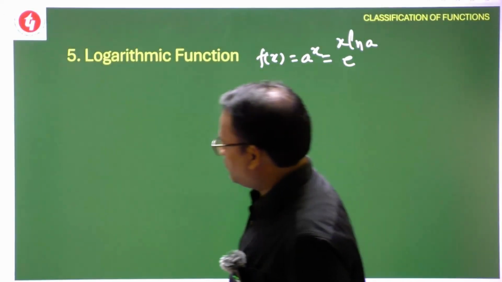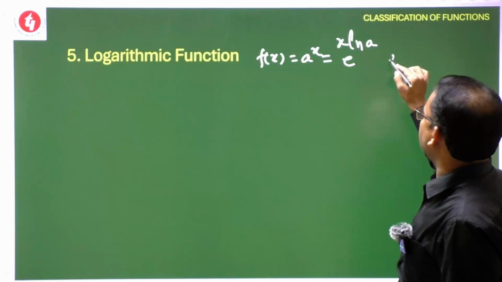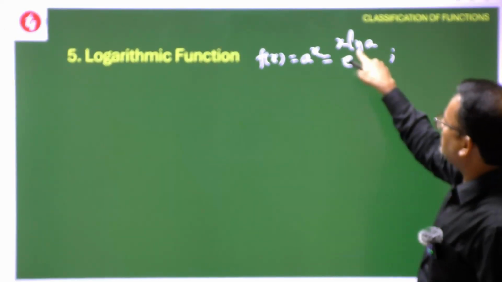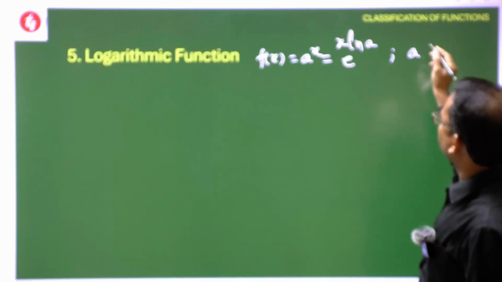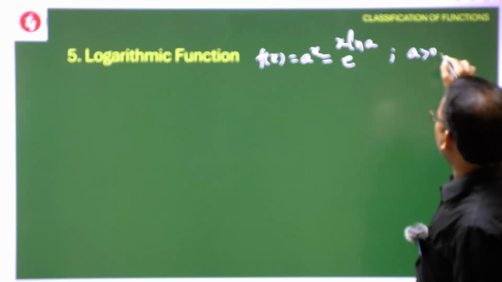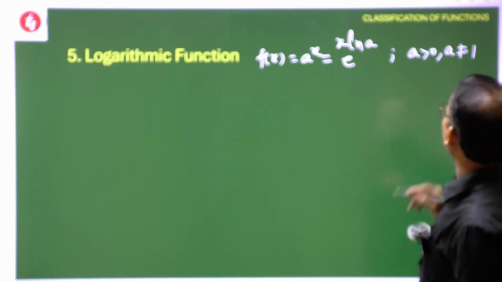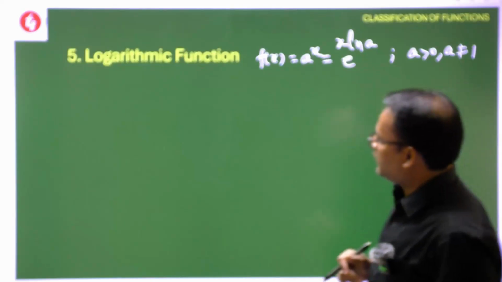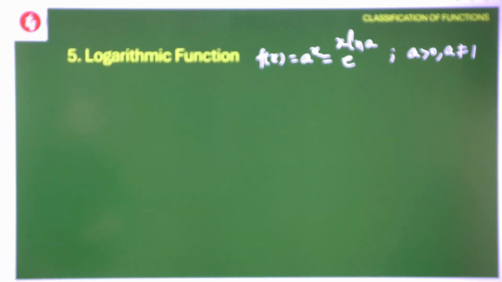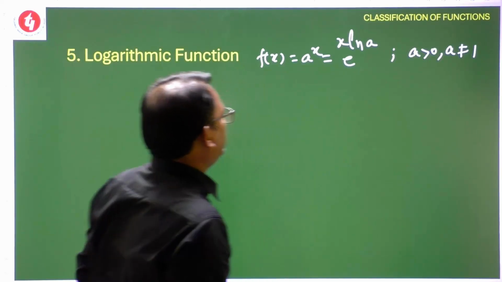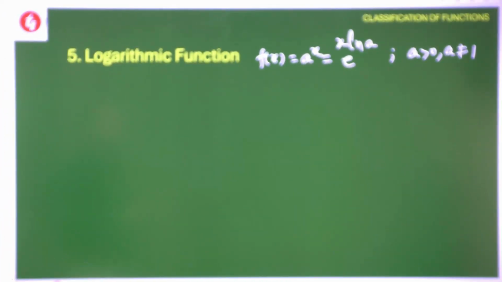One more thing. Here, since a is the base of the log, a should be positive, but a cannot be 1. So this is where we get the logarithmic function. We can express the exponential in terms of the logarithmic, and we can connect the logarithmic function.